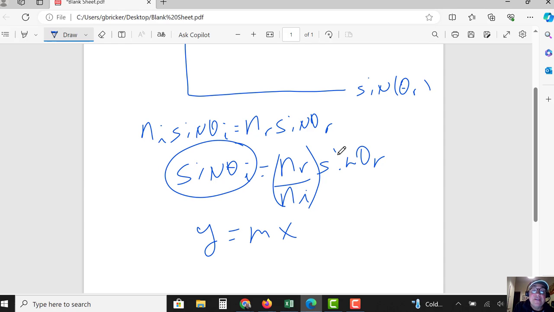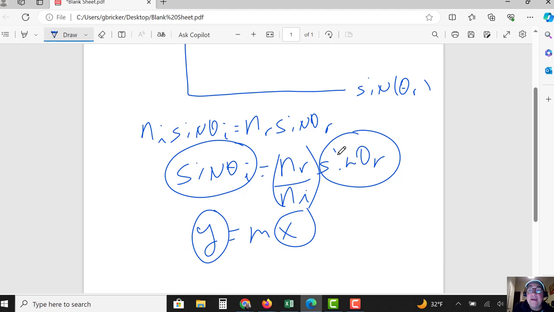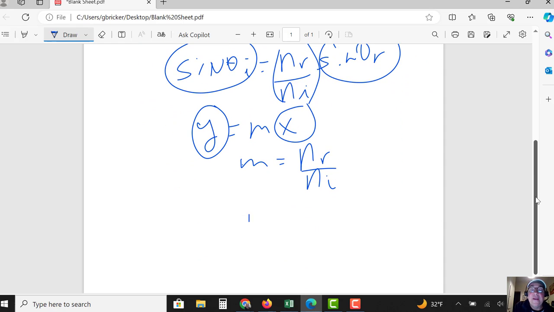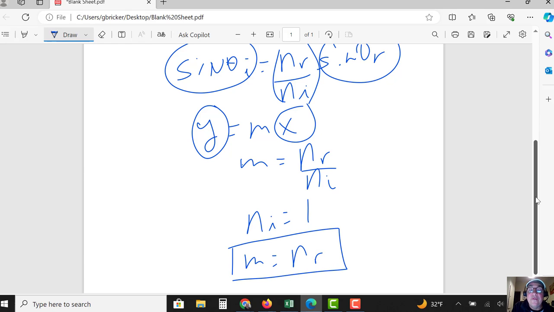So this is like y, this is like x, so the slope turns out to be n refracted divided by n incident. But don't forget n incident is just air. So if n incident is just air, so that's 1, the slope turns out to be the index of refraction.